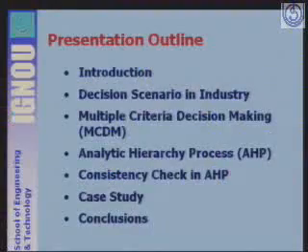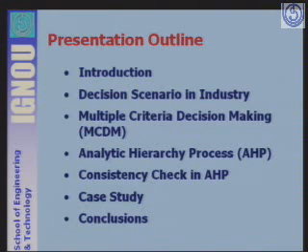But before that, let us see how I shall be covering this presentation. A little bit of introduction in the beginning, then the decision scenario in the industry, how decisions are being taken and how the decisions are being affected by various factors, that we'll be seeing. Then multiple criteria decision making, popularly known as MCDM, basically the analytical hierarchy process, AHP, which is nothing but a technique of MCDM. We'll also see by applying this technique how we can get an answer or a solution to the problem given.